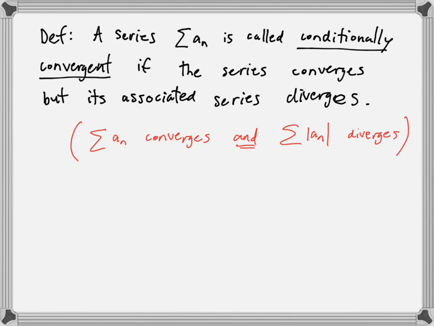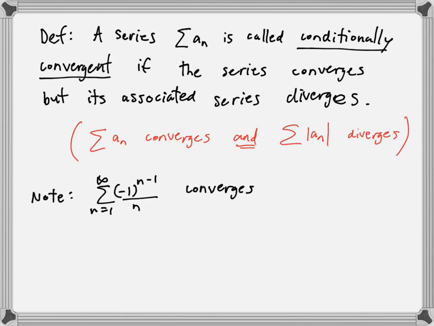Have we seen a conditionally convergent series? Yes, we already have seen one, right? So let's say note this guy, remember this guy, okay? We just did this example. This guy converges, and if you look back at your notes from 11.5, we learned the alternating series test, and we actually showed that this guy converges.